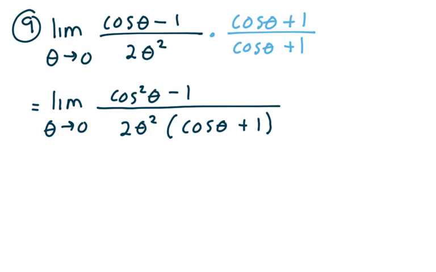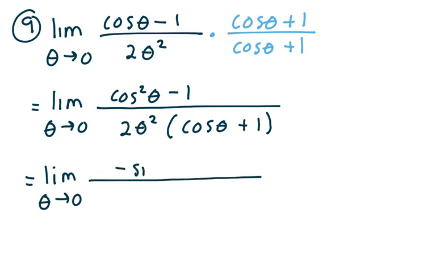Now, cosine squared theta minus 1 is negative sine squared theta. So you get the limit as theta goes to 0 of negative sine squared theta divided by 2 theta squared times cosine theta plus 1.